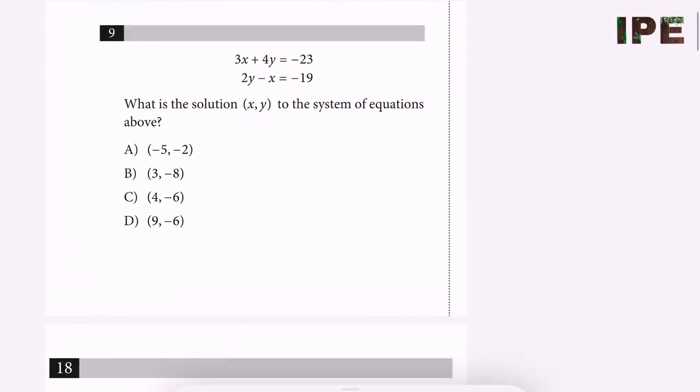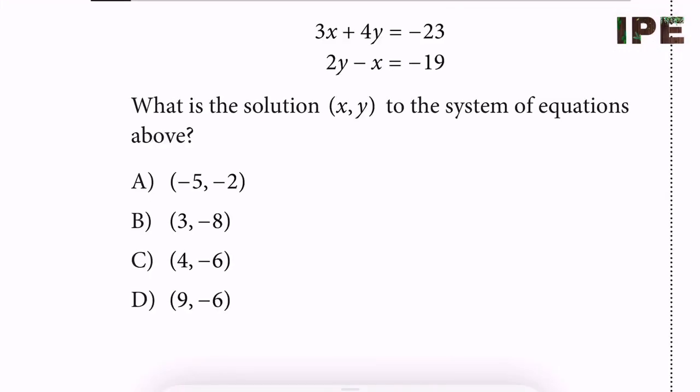First problem is this. 3x plus 4y equals negative 23. 2y minus x equals negative 19. If x, y is the solution to the system of equations above, just find the solutions, right? Substitution, elimination, which one is better? Substitution is better. So I'm going to solve the second equation for x.